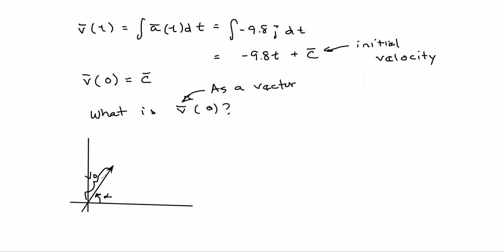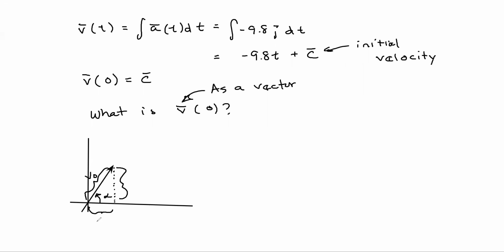It's a scalar. To turn this into a velocity vector, instead of just having an angle alpha and a length v naught, we need to use some trigonometry. If we drop down from the tip of the vector, we can find this distance and this distance just by using trig.